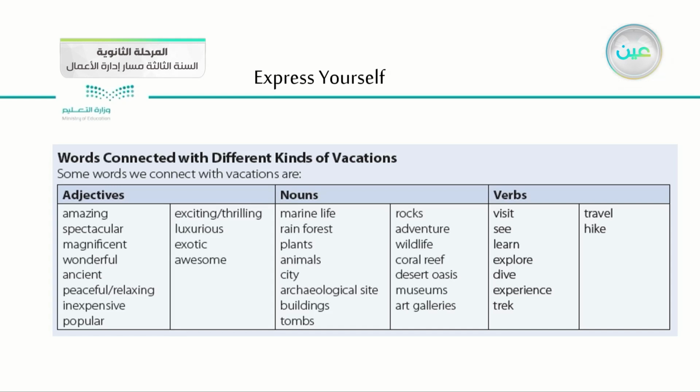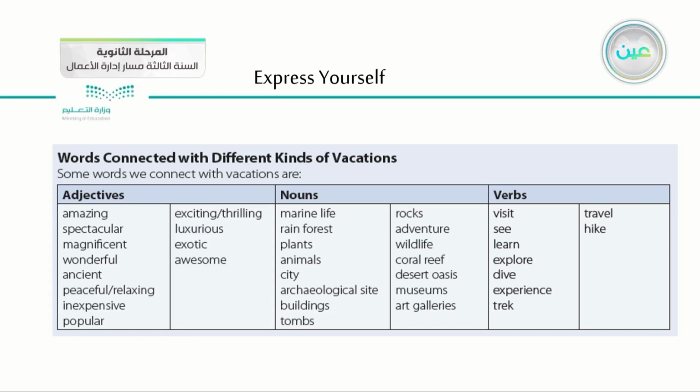And here we have the nouns list: marine life, rainforest, plants, animals, city, archaeological site, buildings, tombs, rocks, adventure, wildlife, coral reef, desert oasis, museums, art galleries. And here we have verbs: visit, see, learn, explore, dive, experience, trek, travel, and hike.